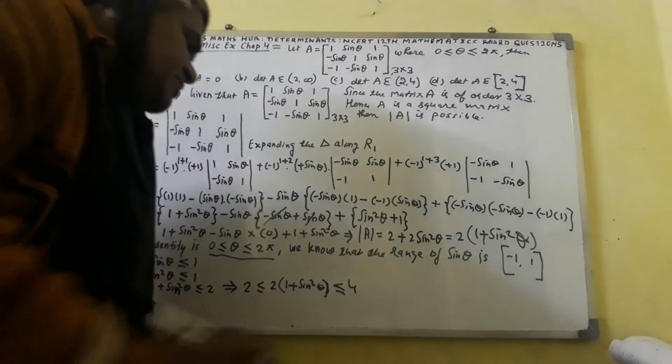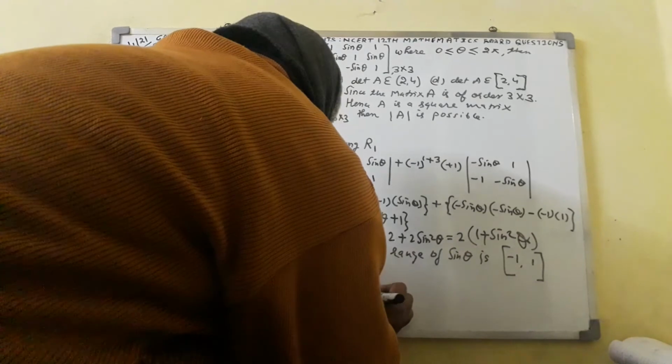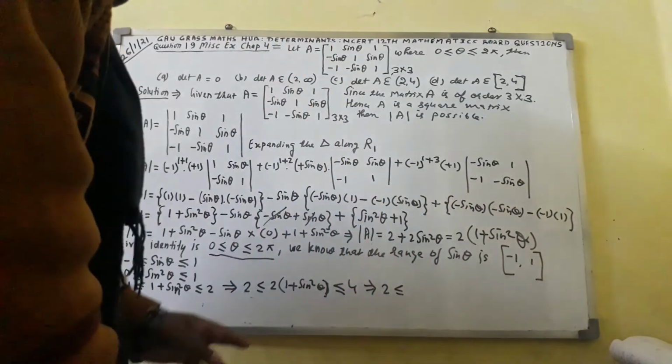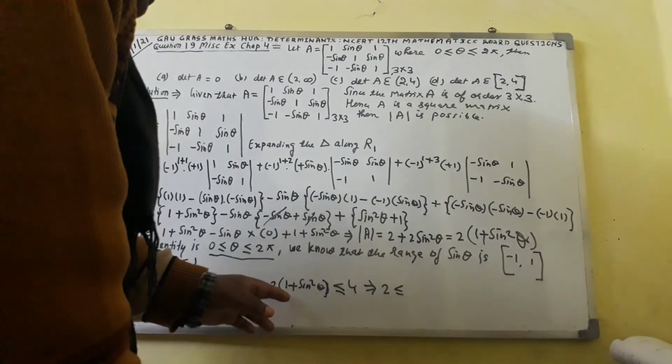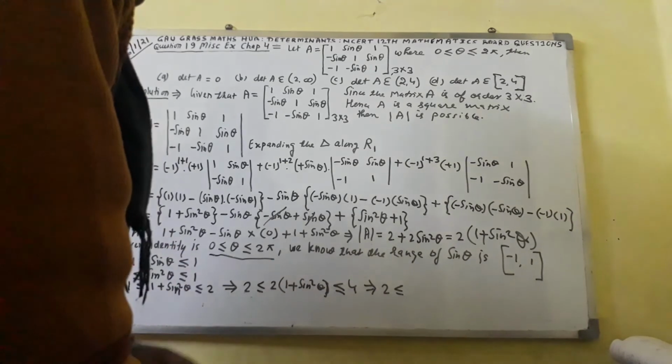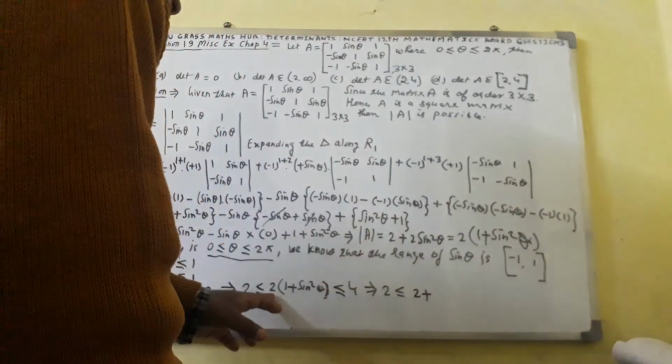So here I can write very well, imply that 2 less than equal to, the bracket will be broken when 2 enters inside. So 2 will multiply to 1 comes out to 2, plus 2 will multiply to sine square theta, so we will get 2 sine square theta less than equal to 4.